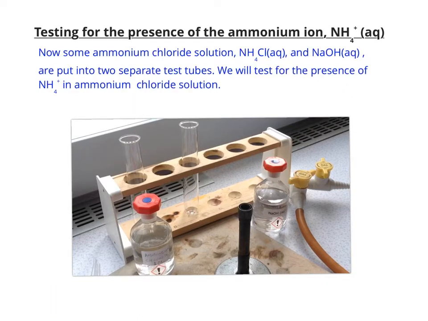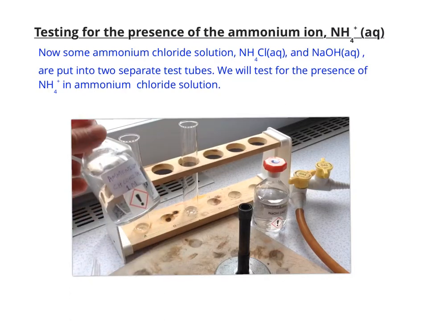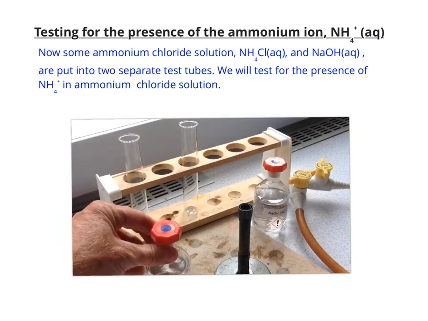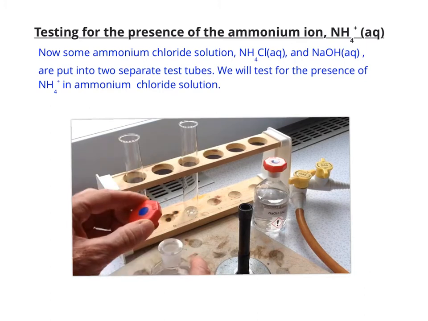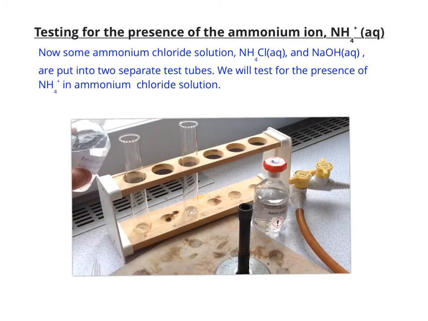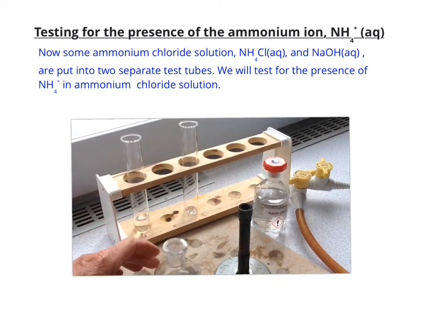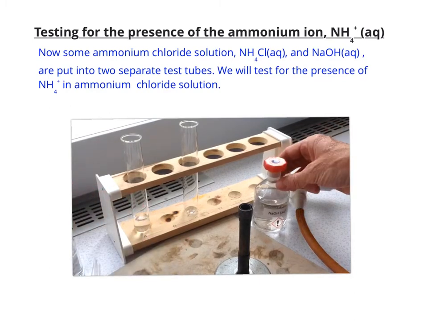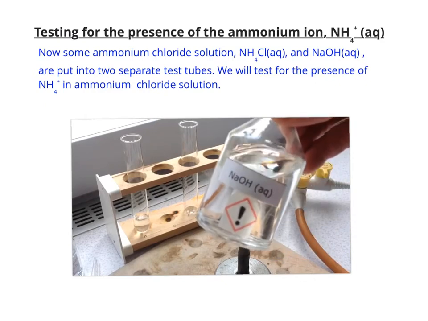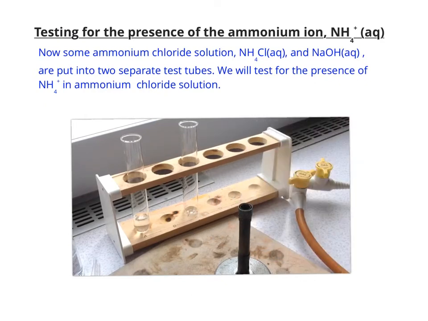So the next thing that we do is that we prepare two separate samples of ammonium chloride and sodium hydroxide. So we put a little bit into two separate test tubes. Doesn't matter exactly how much. Just being careful to avoid the Bunsen burner flame there. You can hear it roaring in the background.